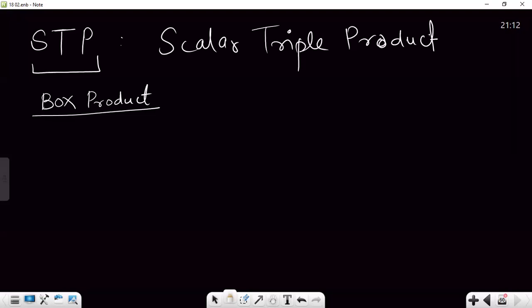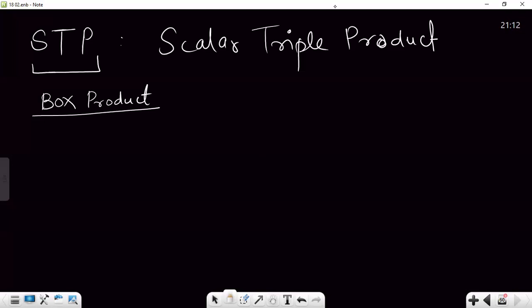Can you tell me the difference between a scalar quantity and a vector quantity? Scalar only depends on magnitude, but vector quantity depends on both magnitude and direction. Very good. So the scalar triple product is going to give us a scalar quantity which will not depend on direction.